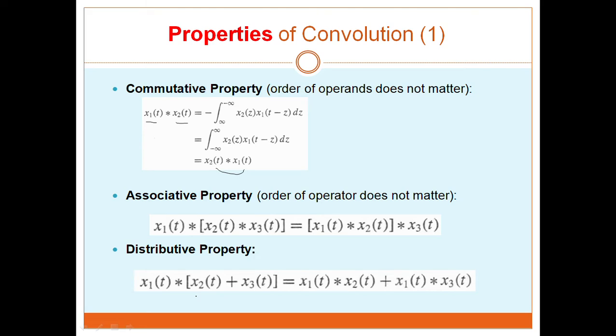Then the distributive property: x1(t) convolved with x2(t) plus x3(t) means x1(t) is convolved with x2(t) and x1(t) is convolved with x3(t). This shows the linearity property.